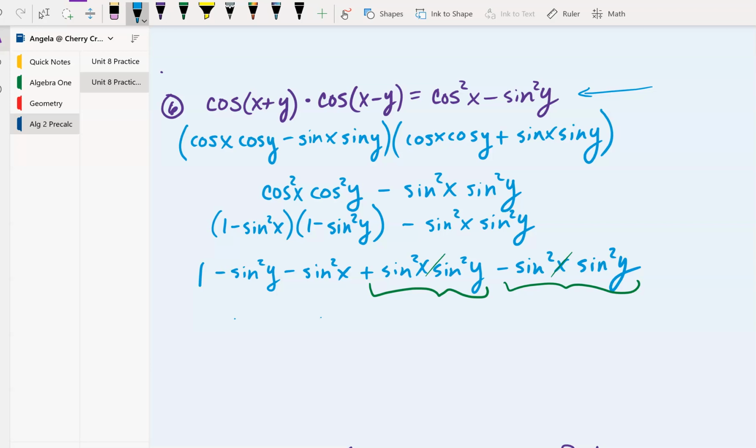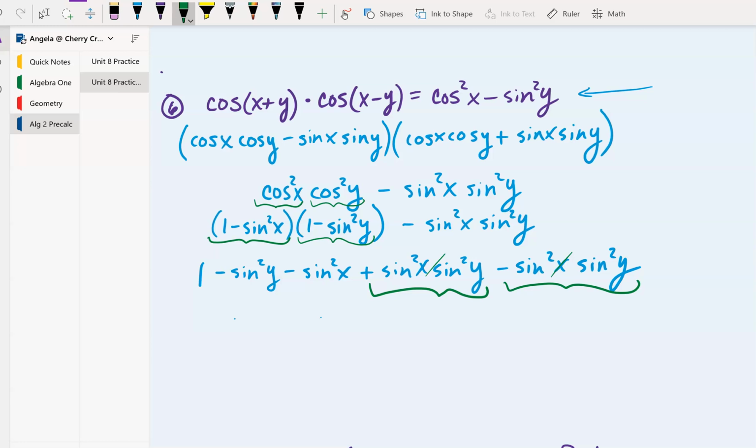Again, this idea of distributing, having a middle term and an outside term that are going to cancel each other. It's a difference of squares kind of solution. And then what I did here is I made a substitution. I'm using this green marker here. I made a substitution right here for cosine squared of x and right here for cosine squared of y.